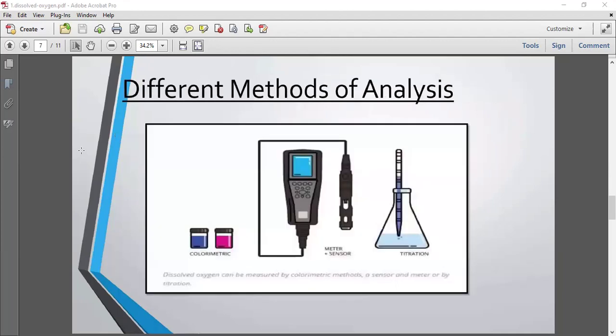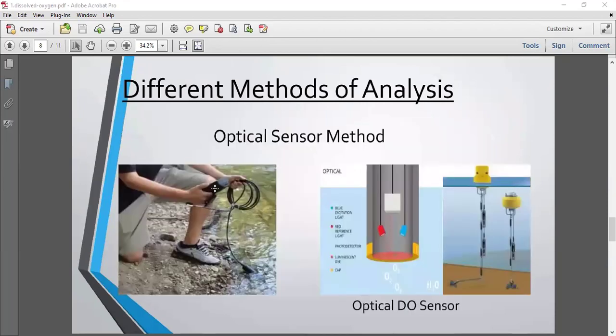These are the different methods of analysis to find the dissolved oxygen level in water. This is the electrometric method. The digital meter can directly give the reading with this instrument. Optical sensor method: this is the optical DO sensor.